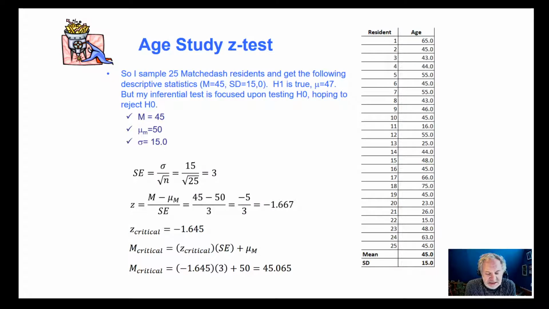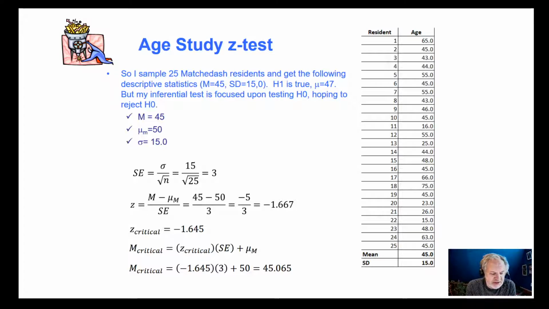In this case, my z observed is negative 1.667, which is more extreme than negative 1.645. So my z observed is in the critical region, and I reject the null hypothesis, alpha equal to 0.05, and I'm happy, right? If the null hypothesis actually is true, the probability of me committing a type 1 error, rejecting the null when I shouldn't, is less than 0.05. And that's the meaning of alpha in inferential testing.